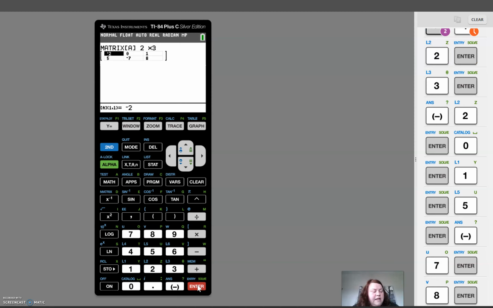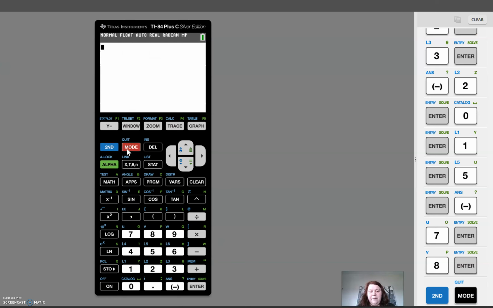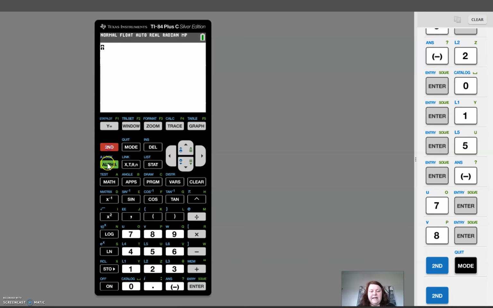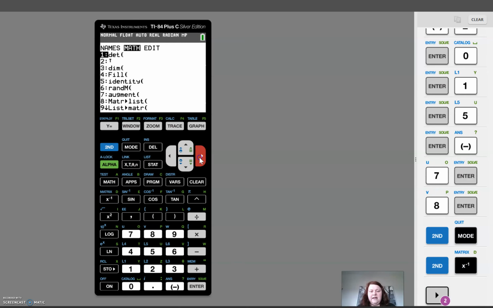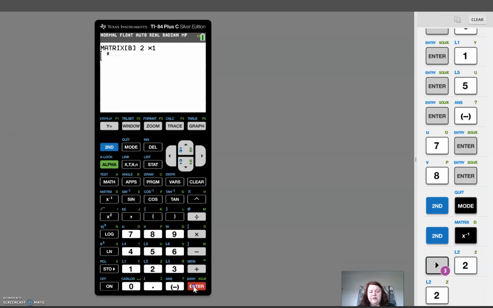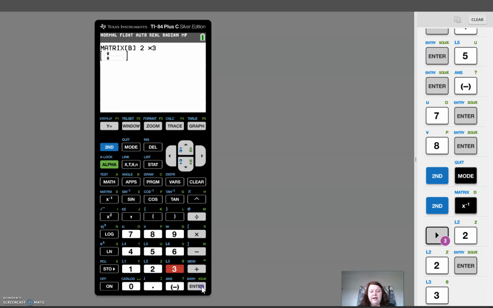Okay. We then had to repeat this for matrix B. So I'm going to do second, quit to get out of here. I'm going to go back to second, X to the negative first, get that matrix, over to Edit, and I'm going to choose option 2 for B. This is also a 2 by 3, so my 2 by 3, and I'm going to enter those numbers in.